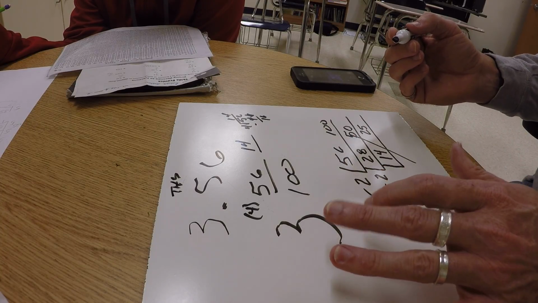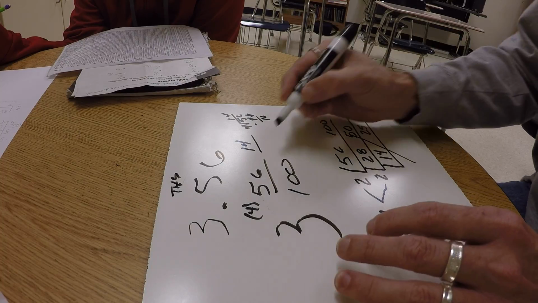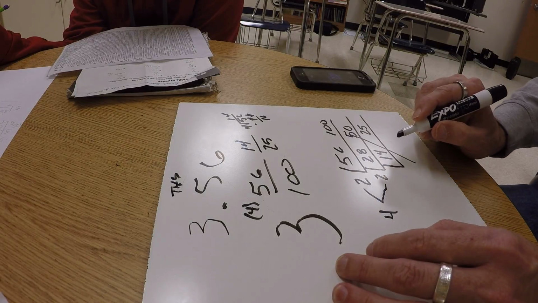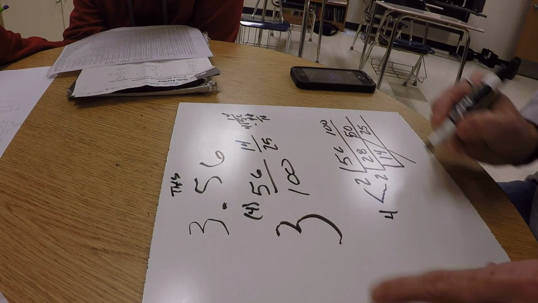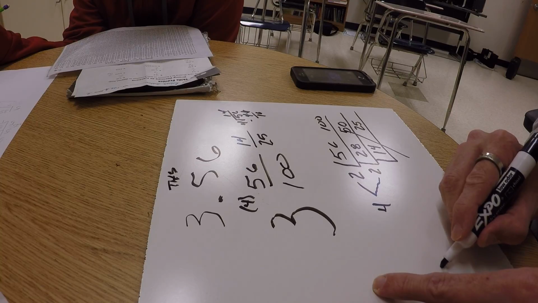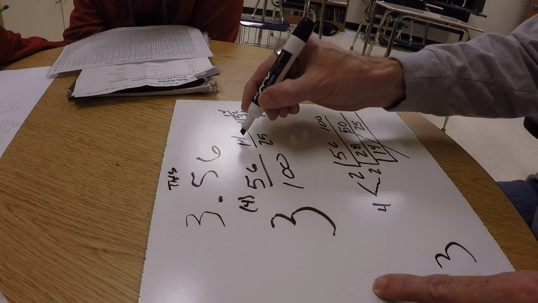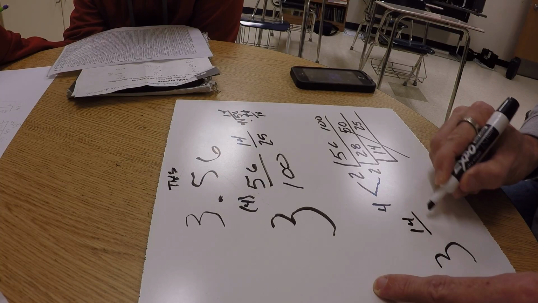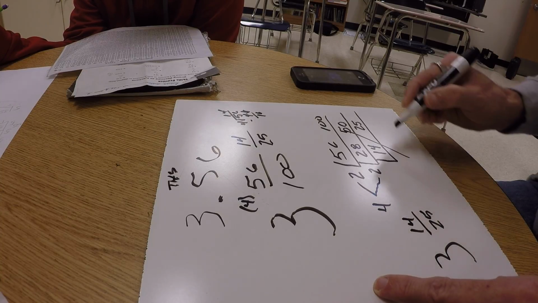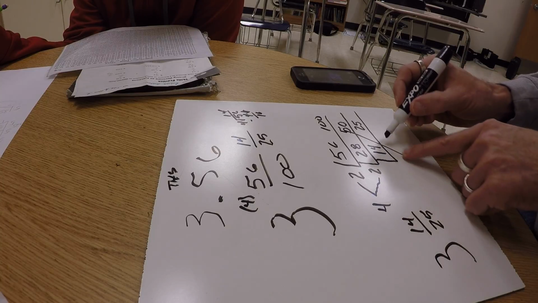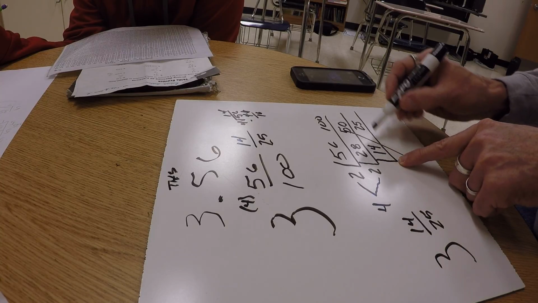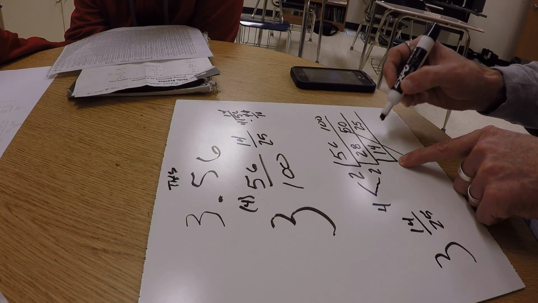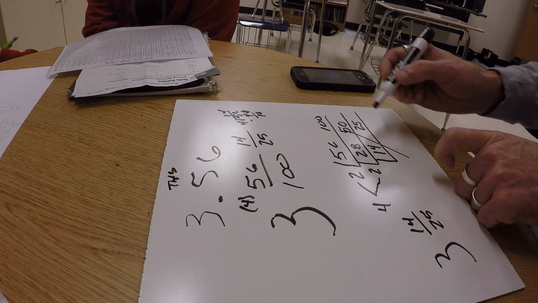So when it's all simplified, said and done, remember your whole number is 3, and then 14 over 25 is your simplified fraction. And then look over here at the ladder method. We ended up with 14 and 25. That's the cool thing about doing that, it gives you the fraction.